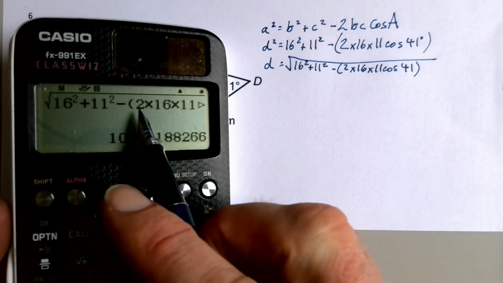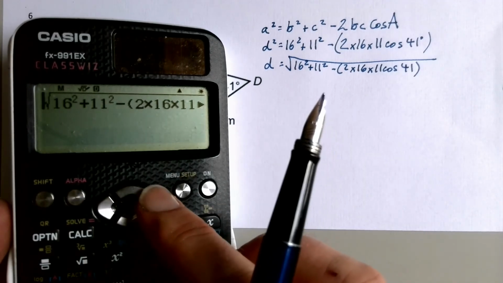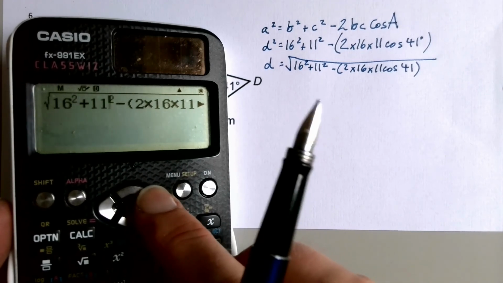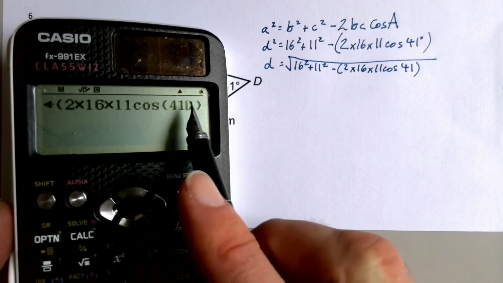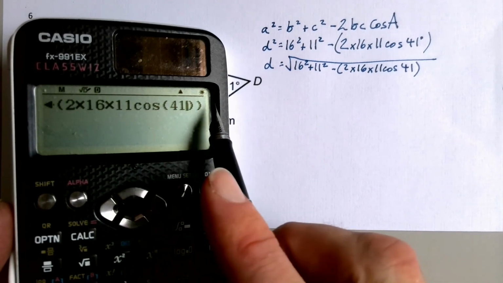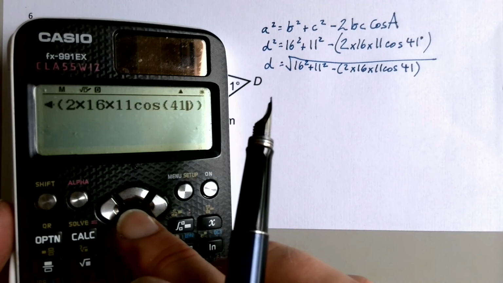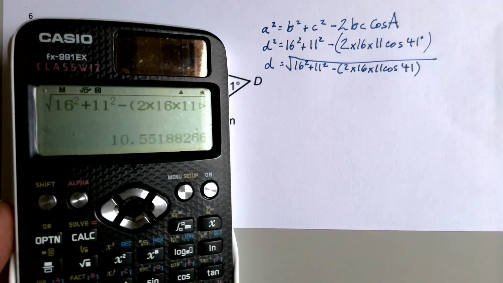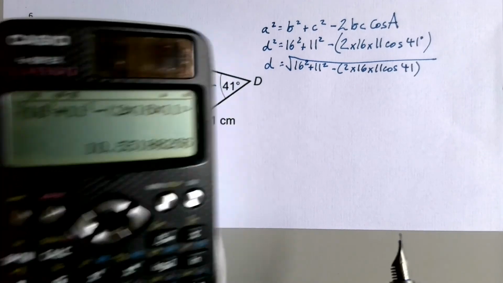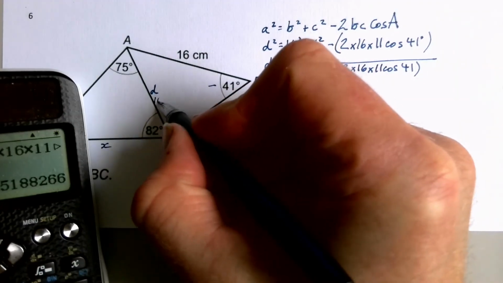Now if you had put a bracket in there, just remember, when it gets to the end you may have got some kind of error if you didn't close your angle bracket and then close that bracket as well, so just watch out for that. And that gave us 10.55.